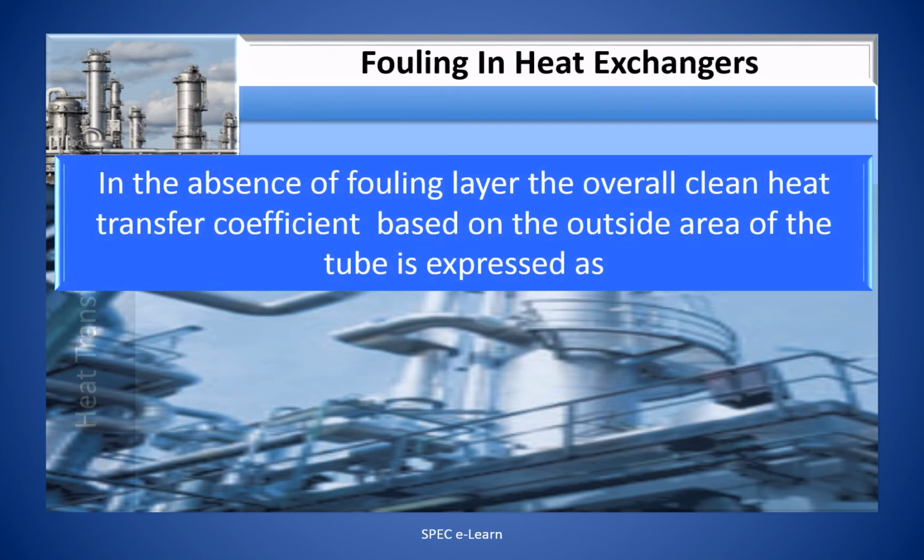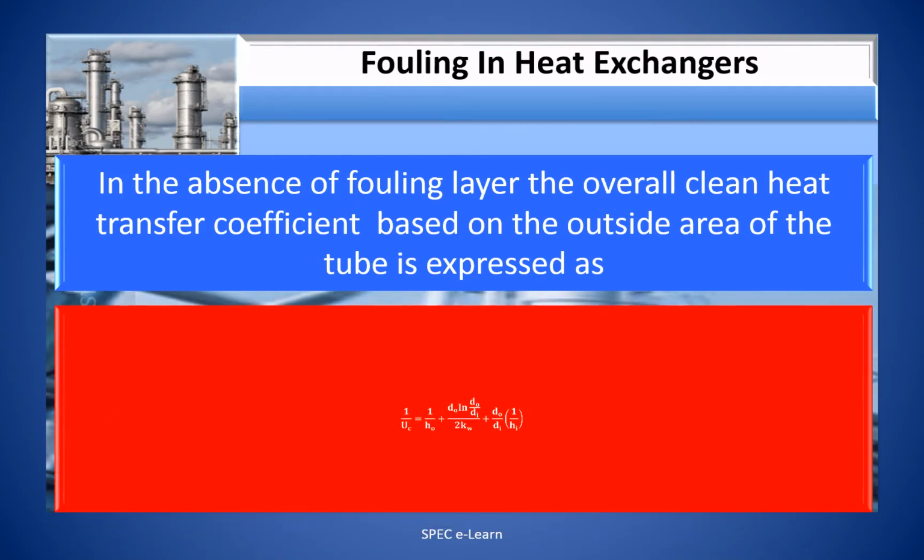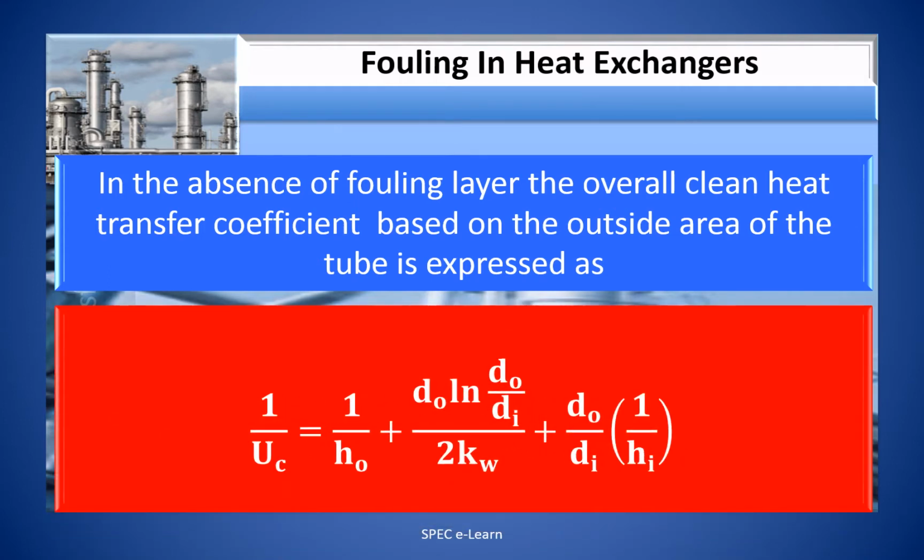In the absence of fouling layer, the overall clean heat transfer coefficient based on the outside area of the tube is expressed as 1/UC = 1/HO + (DO ln(DO/DI))/(2 KW) + (DO/DI)(1/HI).